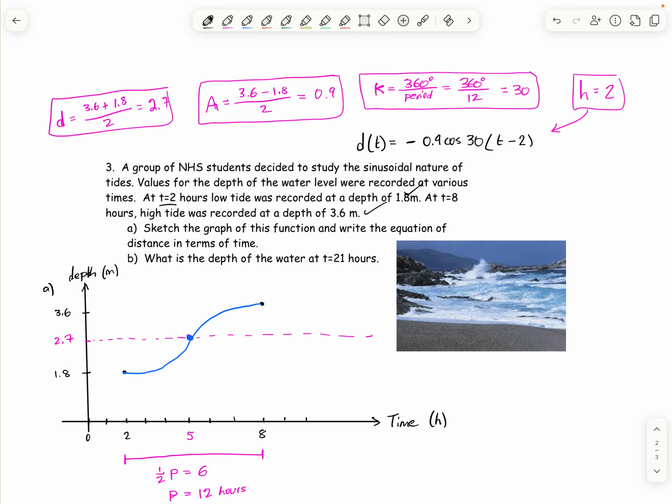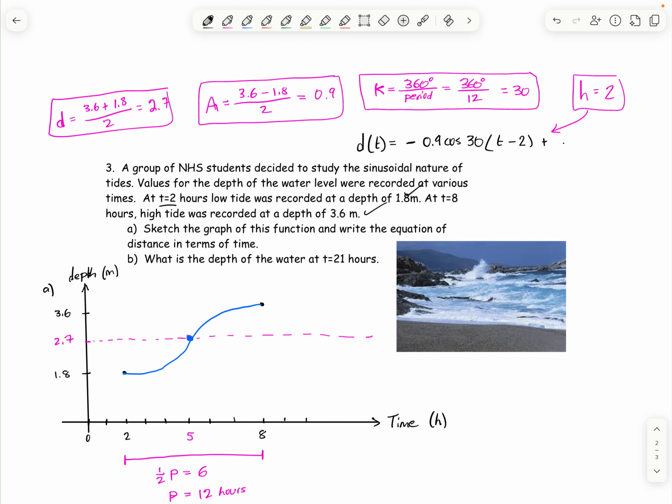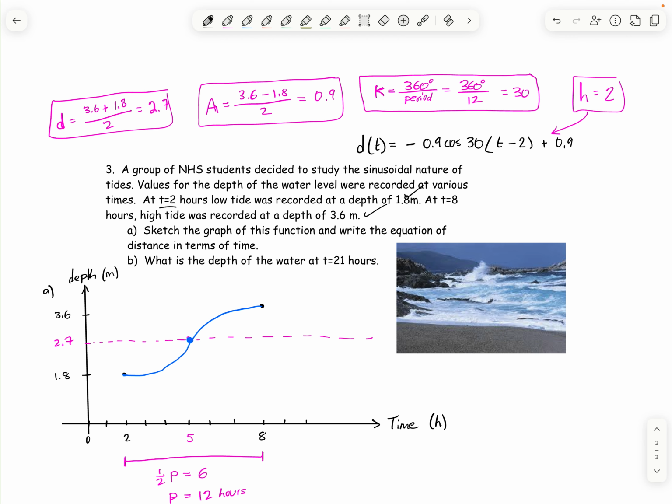So it's going to be T minus 2 here. And then I'm adding the axis, the vertical shift of, sorry, 2.7 rather. 2.7. Okay, so that is my curve right there. Equation of the function right there.